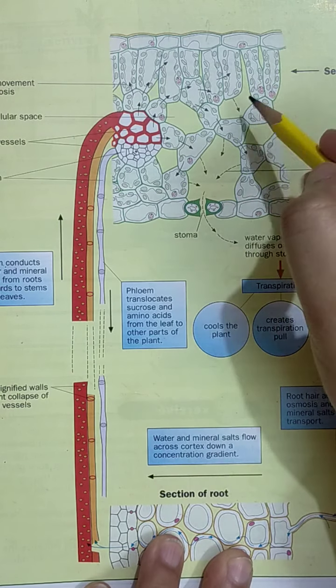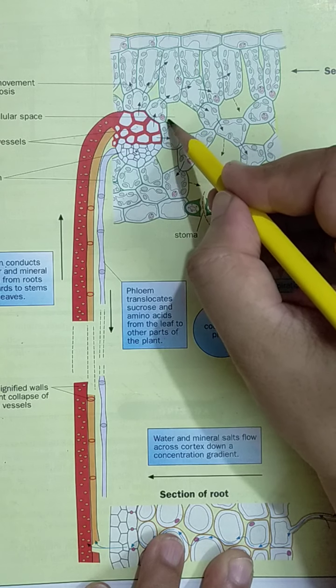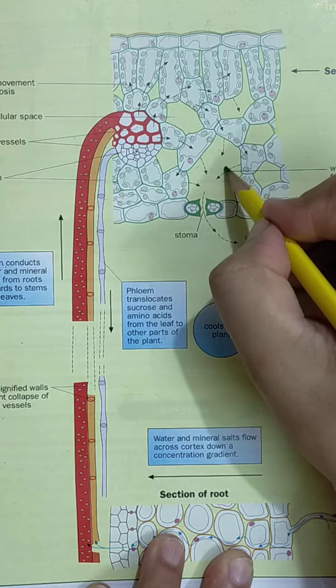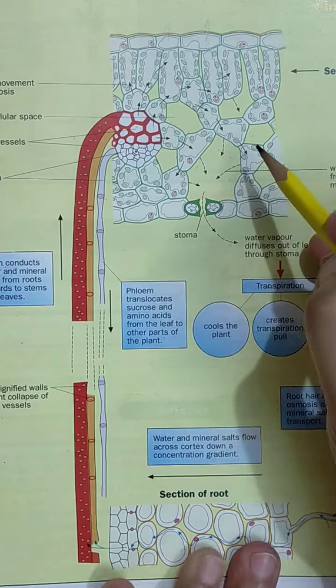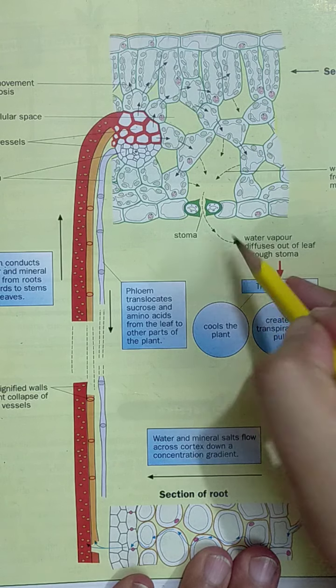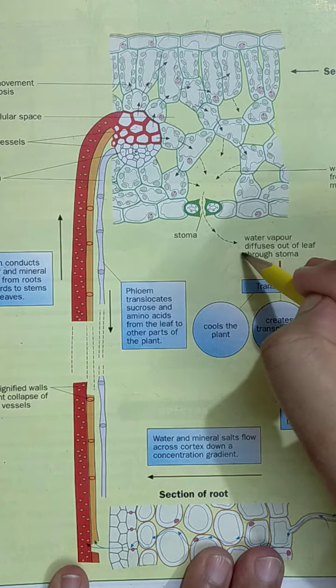So what happens, you already know, water from the xylem vessels comes out, it moistens the surface of these mesophyll tissues, it comes into the intercellular spaces, and from these intercellular spaces this water evaporates outside. When in the air the amount of water is less and inside it is more, water will evaporate.